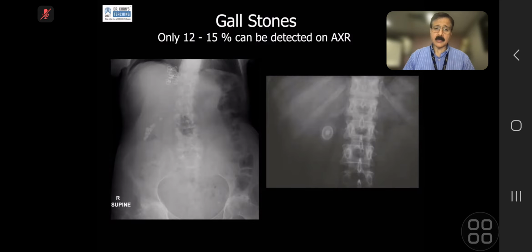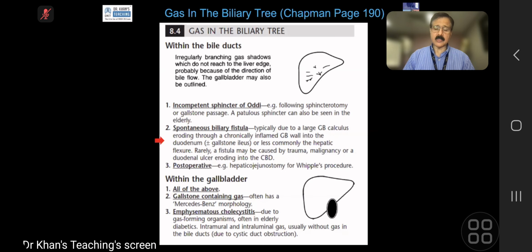Now, one of the differentials for gas in the biliary tree: when we use the word gas in the biliary tree, it can be within the gallbladder, as was present in our case, or it can be within the biliary tree itself, as in the intrahepatic ducts.